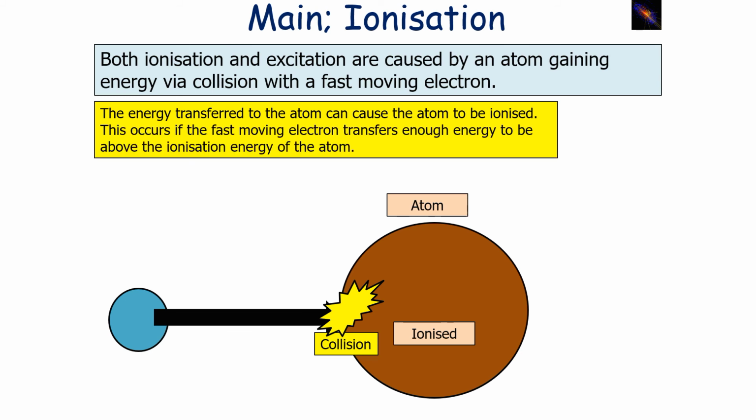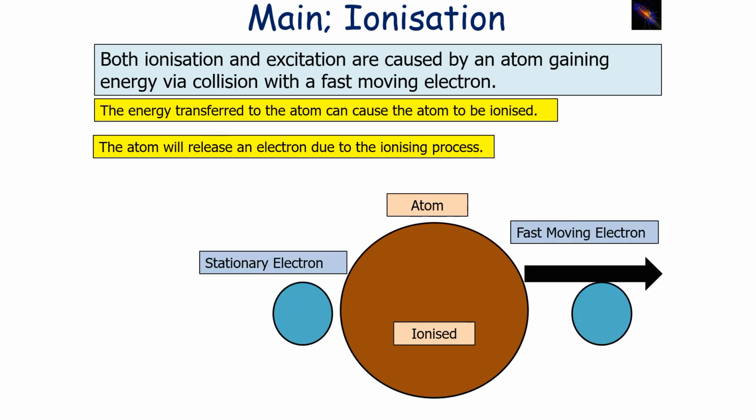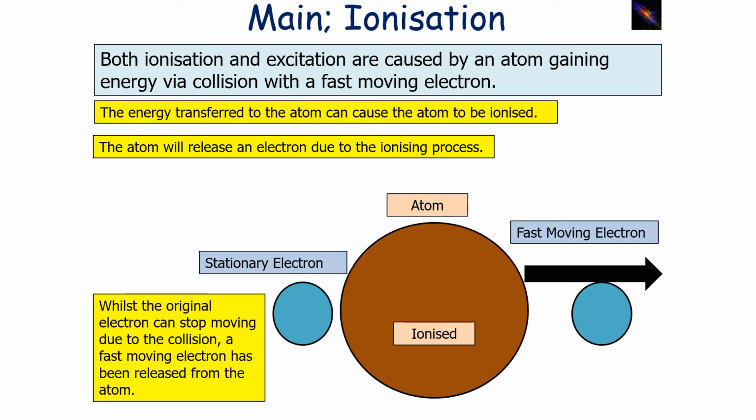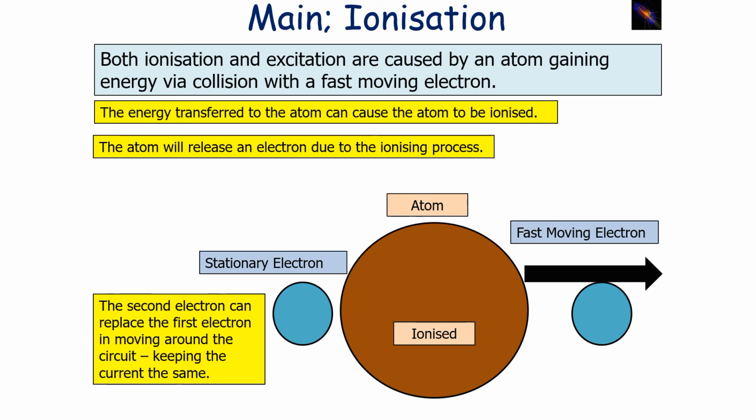Now this occurs if the fast moving electron transfers enough energy so it moves above the ionization energy of the atom. So in this process the atom will release an electron due to the ionizing process. Whilst the original electron can stop moving or slow down, another fast moving electron has been released from the atom to replace it. Therefore the current will stay the same value.